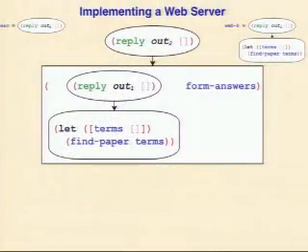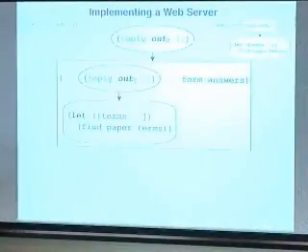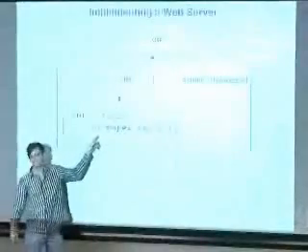Okay. And now when we apply WebK, what that means is we apply this continuation to that argument. What does it mean to apply a continuation? Well, that means we're going to throw away the current continuation, the stuff above the box right now, and replace it with this continuation that we saved. Okay? Which is good in the sense that that continuation says, take those form answers and start searching.